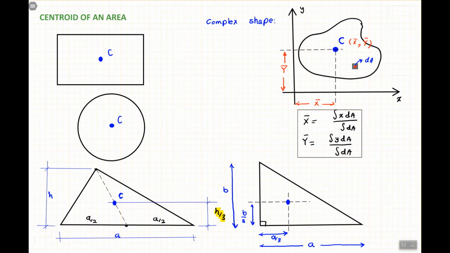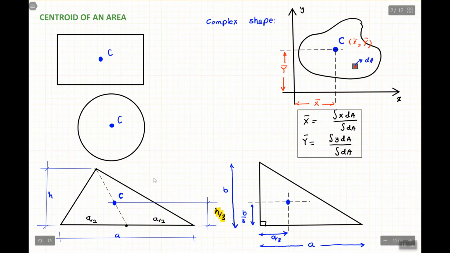But luckily in this course, we are not going to deal with complicated shapes. Instead, we may deal with shapes that we can break down into simpler shapes, like a small rectangle, triangle, or circular shape.